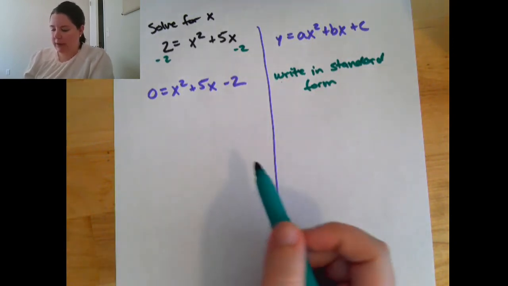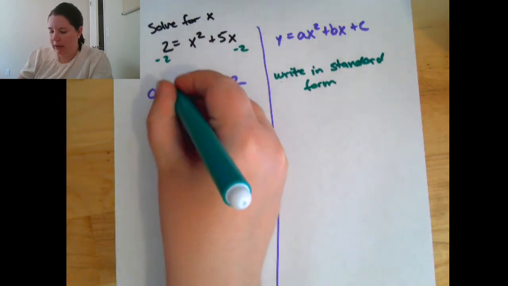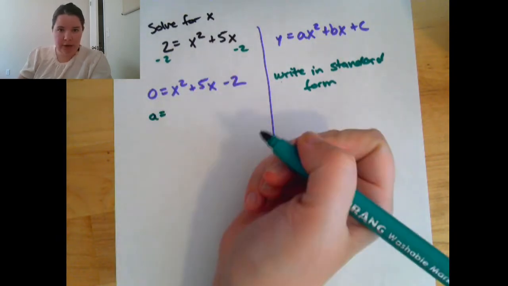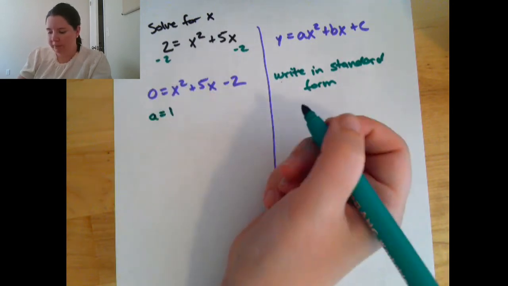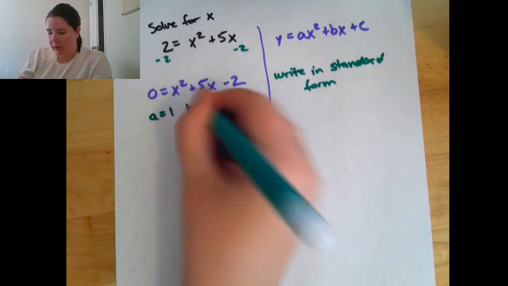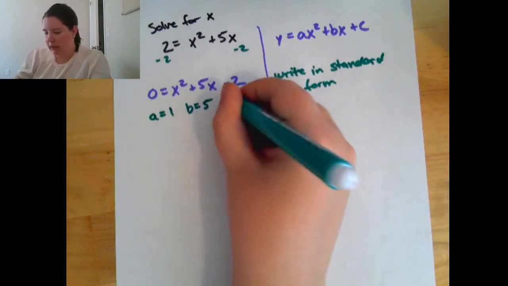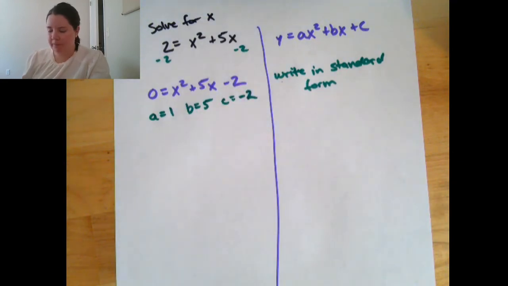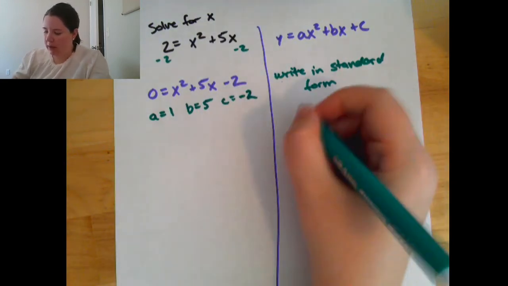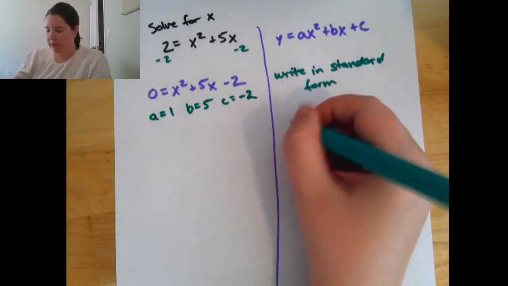And for that, we need to know our a value is the number in front of x squared, which in this case is our super secret 1. Our b value is the number in front of x, and c is our constant, -2. Now that I know that, I'm just going to write out the formula over here so I have it to reference.